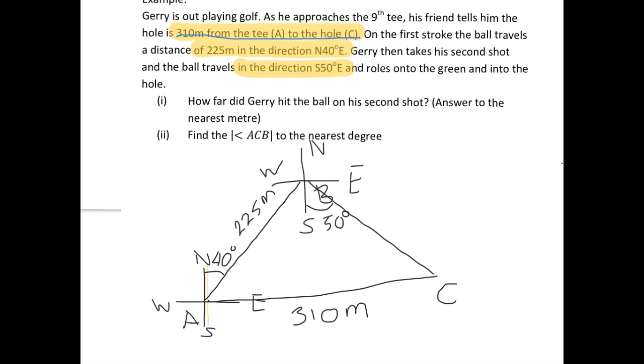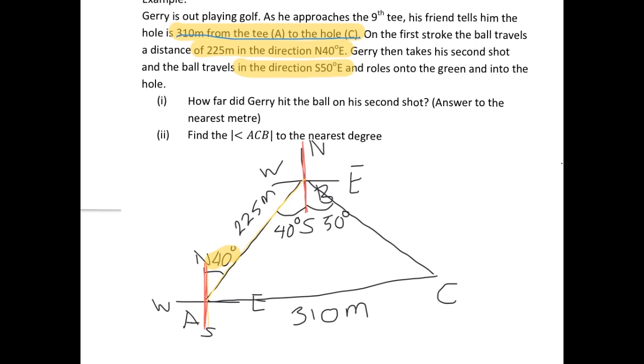Now you might remember from your geometry courses in the junior certificate that if you have two parallel lines, like we do here and here, then if you draw any line between them, such as the one we drew from A to B, then you can use alternate angles to write that since this angle here is 40 degrees, that means this angle here must also be 40 degrees.